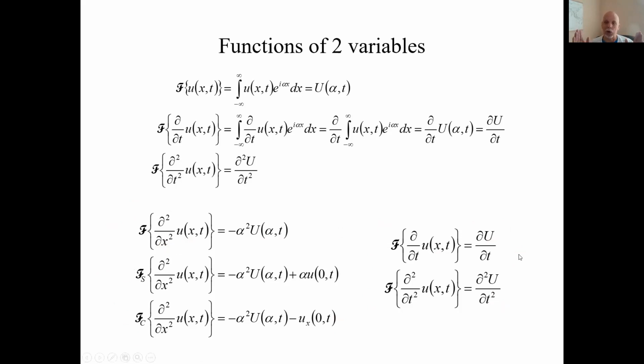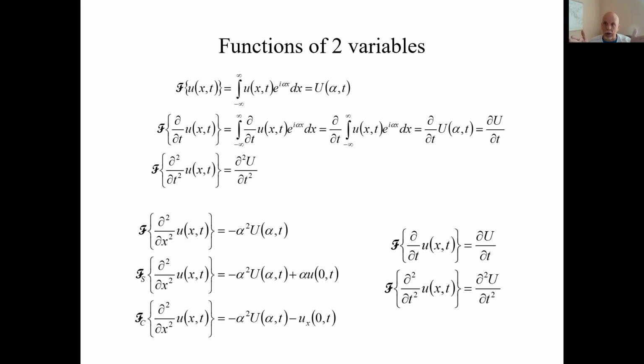So the process was: you transform every term of the partial differential equation using one of those three transforms, and also transform the boundary condition using the same transform.